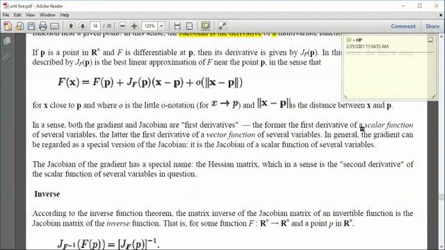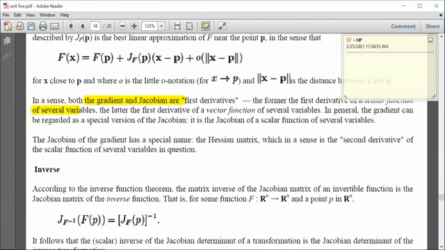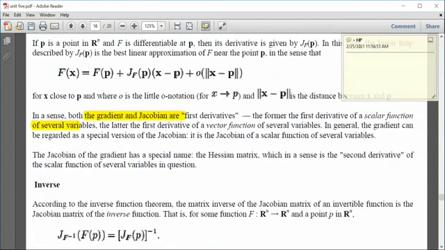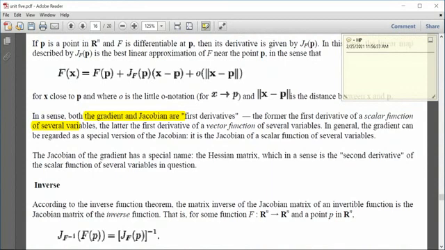Okay, let's continue. We have said here, in a sense, both the gradient and the Jacobian are first what? First derivatives. The former is the first derivative of a scalar function of several variables. The latter is the first derivative of vector functions of several variables.